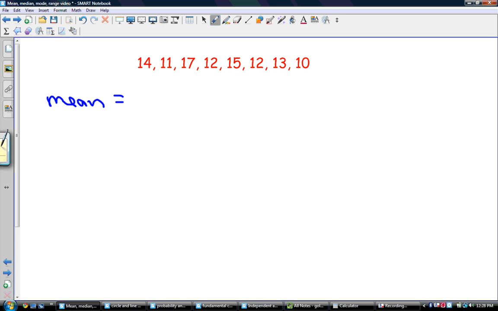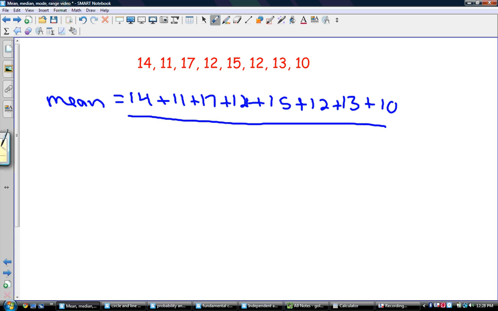So the mean is going to be when I add all these up. And then after I add all those up, I'm going to divide them all by how many numbers there were in the data set, which we counted up. There were 8 different numbers in the data set. So I'll divide that whole thing by 8.